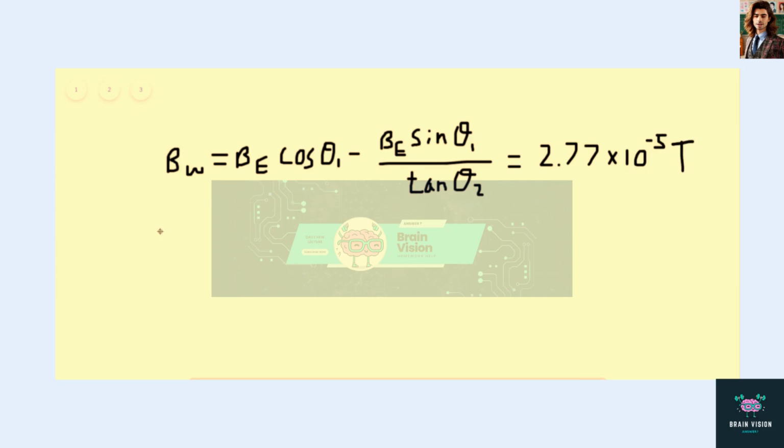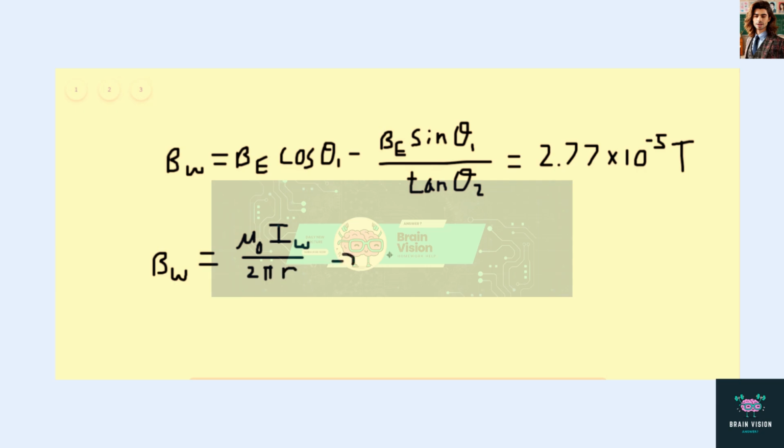Okay, using that information, we can find the current in the wire because B sub W, by definition, is equal to mu naught, the magnetic permeability of free space. That's 4 pi times 10 to the minus 7 newtons per ampere squared. If you want to look that up, you can find more information about it. Multiplied by the current I in the wire, that's what we're trying to find. We'll call that I sub W, divided by 2 times pi times r, which we were given.